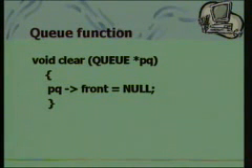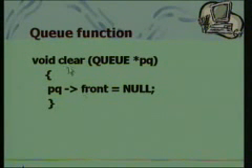When you change your data structure, the way you write your algorithm or function also changes, because the way elements are stored is different from the sequential representation. So let's talk about how we clear the queue. In this case, let's come back to this slide now.